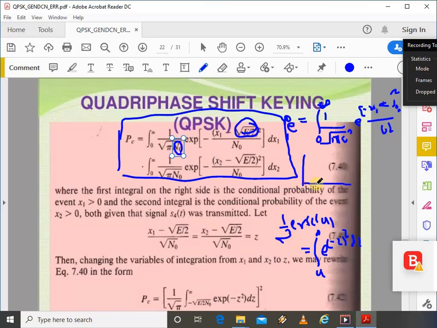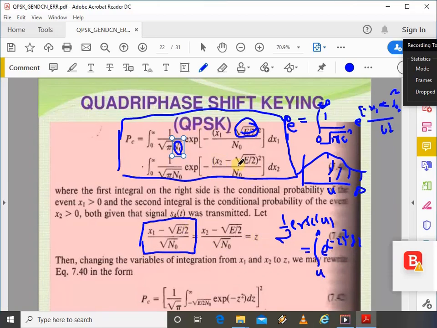So whenever you are calculating the error function of this kind of a signal, and you want to calculate the area from u to infinity, then the error function for such a Gaussian function is defined by this formula: 1 by 2 erfc of u equal to integral from u to infinity of e to the power minus z square dz. This particular equation is not in standard form. We need to convert it into standard form. For that we do the substitution: (x1 minus square root of E by 2) divided by square root of N0 equal to z.